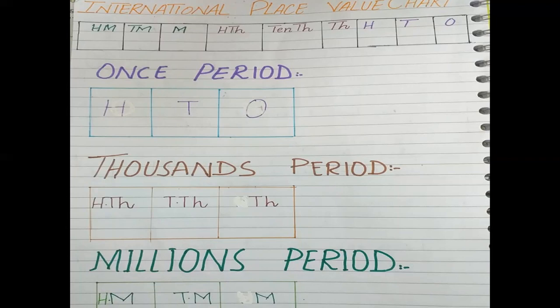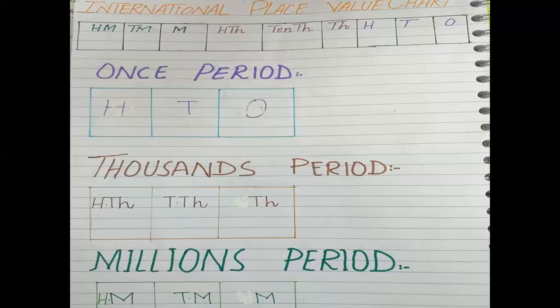You see in the table: ones, tens, hundreds, then thousands, 10,000, 100,000, then million, 10 million, and 100 million. So the first three, ones, tens, and hundreds, are called the ones period. Then the next 3 blocks, 1,000, 10,000, and 100,000, are called the thousands period.